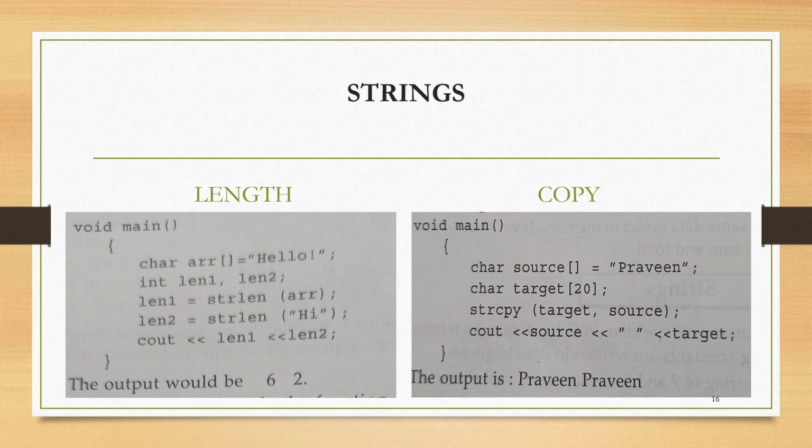What has it copied? Praveen has been moved, shifted, copied from the source character array to the target character array. Let's see what exactly is copied: Praveen has come. So by strcpy, we can copy a string, move the content of the string from one place to another, from source to destination. That is strcpy.